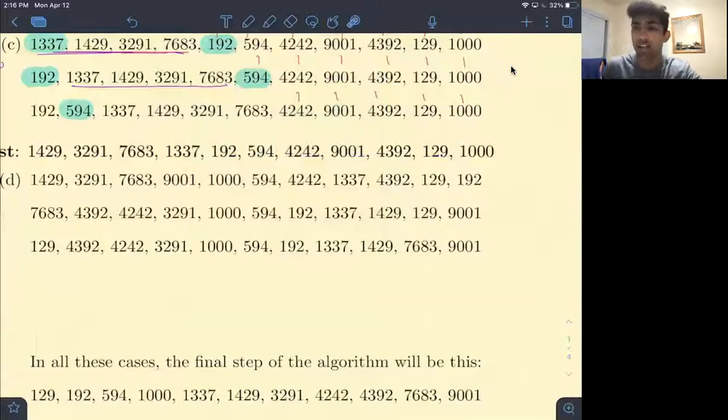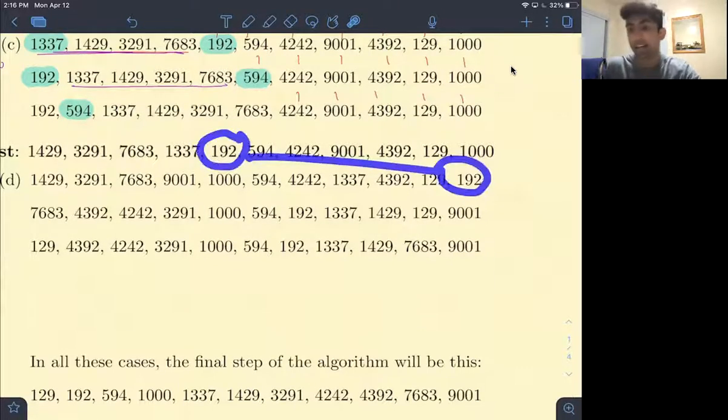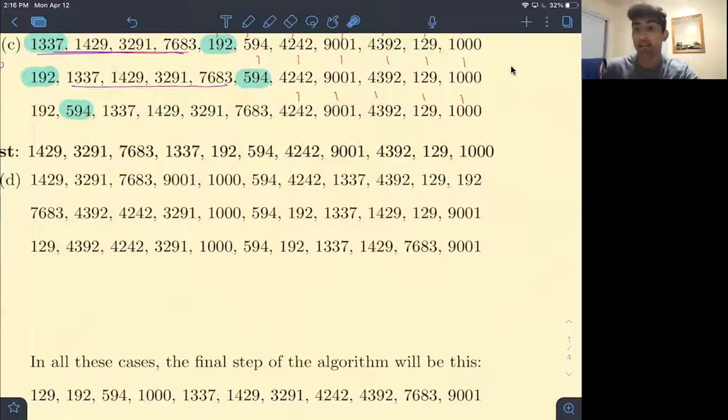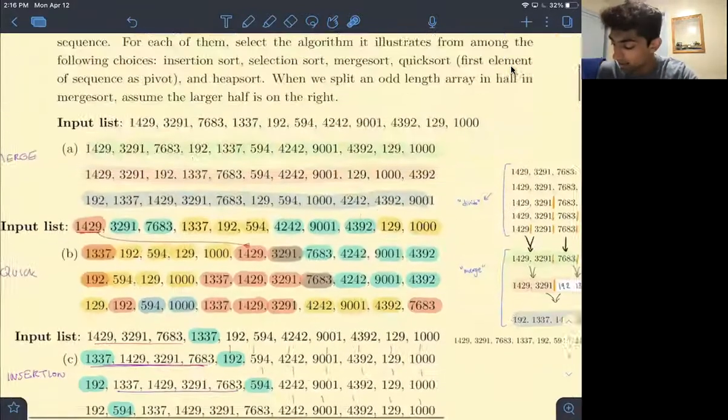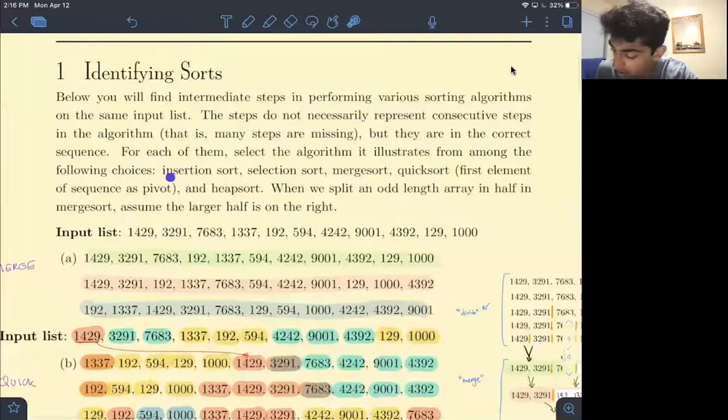It's kind of strange in a sorting algorithm to take a small element and put that small element at the end, right? Let's walk through the sorting algorithms that we're given and ask ourselves which sorting algorithm could possibly have such a behavior. So insertion sort wouldn't do that, because insertion sort just moves the smaller people to the left.